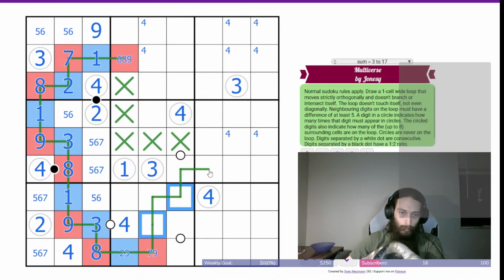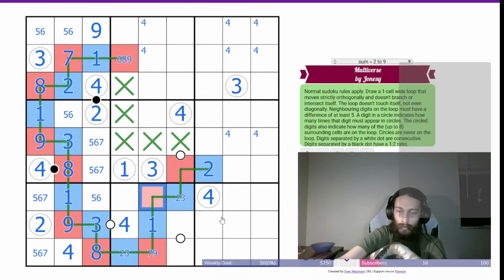But then we get low, low, low. High digits, that's a 2. 1, 4, that's a 1. 7, 79, 79, not 8.